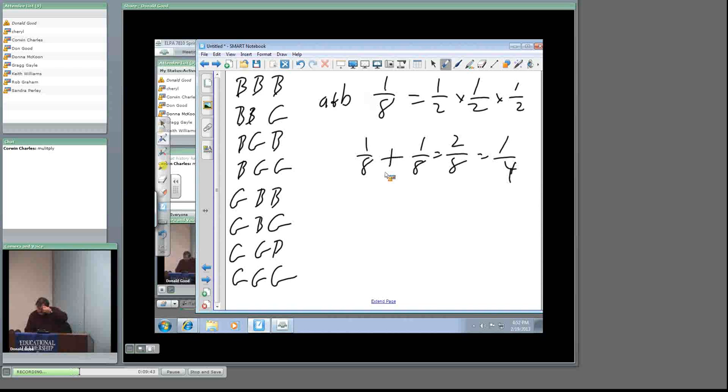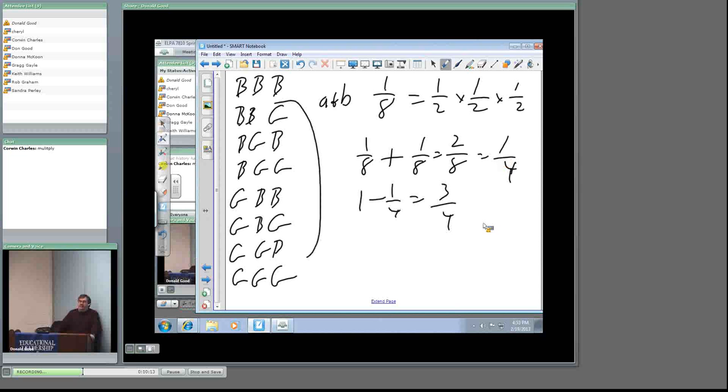And the last one is neither 3 boys or 3 girls. Well, if we figured out the probability of getting 3 boys or 3 girls is 1/4, what's the probability of that not happening? 3/4, which would be these 6 possibilities out of 8.